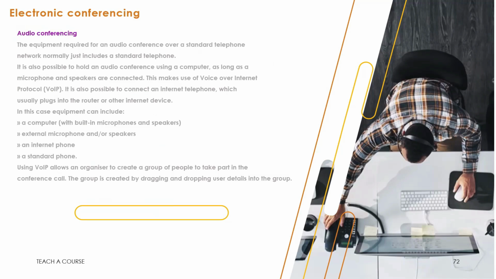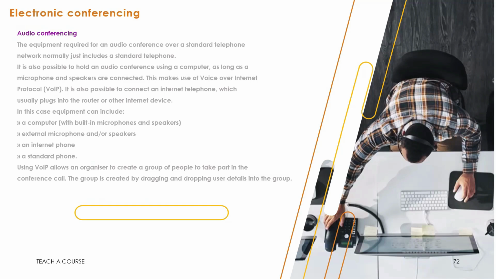The equipment required for an audio conference over a standard telephone network normally just includes a standard telephone. It is also possible to hold an audio conference using a computer as long as the microphones and speakers are connected. This makes use of voice over internet protocol, like your WhatsApp audio calls, voice over IP.